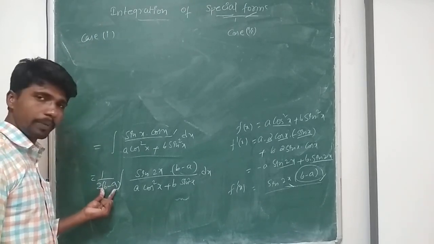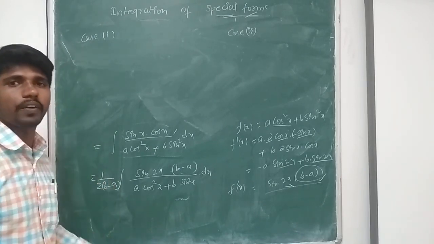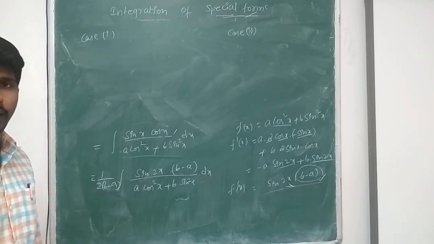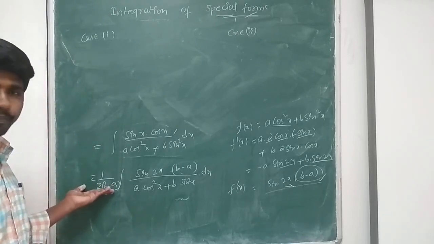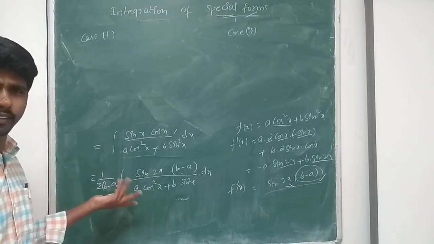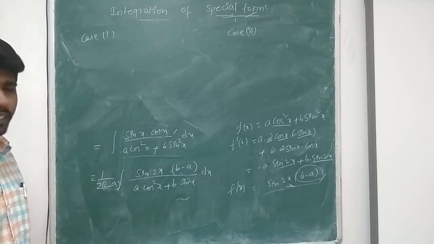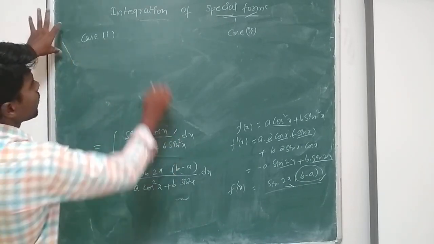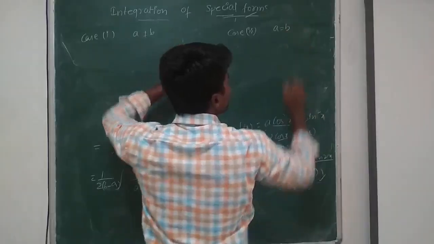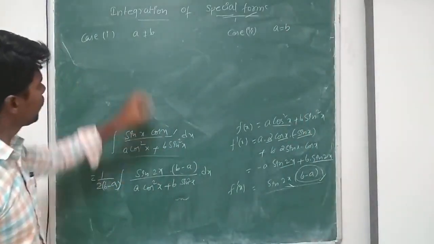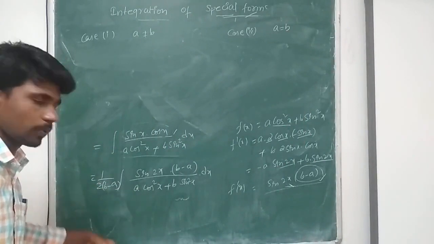If a is equal to b, this particular thing is not defined. If this is not defined, no need to find anything, so we cannot find its integration. That's what we get. If a is not equal to b, we can simplify this one and we get the answer.